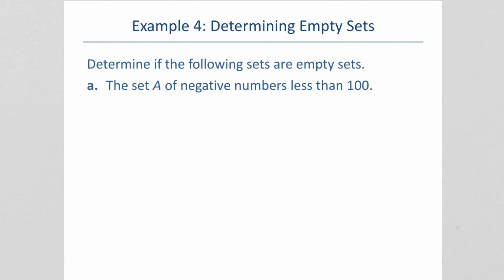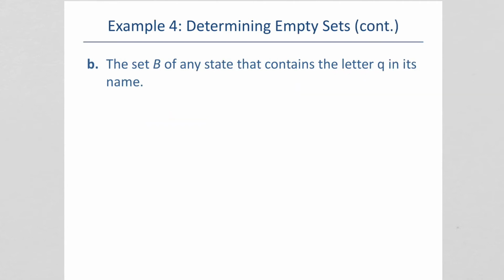Determine if the following sets are empty. The set A of negative numbers less than 100. Well, that would be all the negative numbers, wouldn't it? They're all less than 100. So A is not empty. The set B of any state that contains the letter Q in its name.